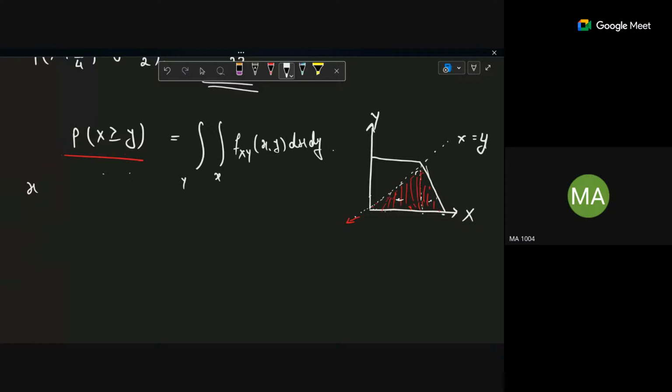No. See, what you are asking, I'm getting it. But whenever this kind of thing is there, it's necessary to have a figure like this, because, for example, in this particular question, if someone by mistake takes the vertical strip, then this strip will change its values.